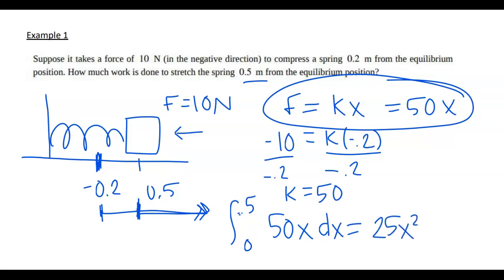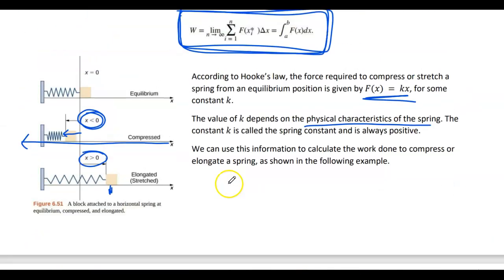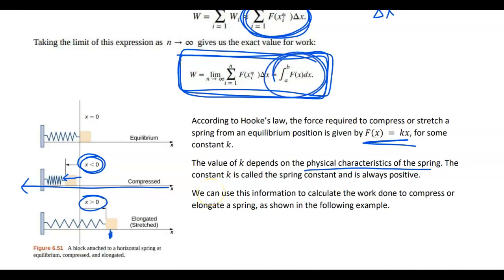That's 25x squared from 0 to 0.5. And when I plug in 0.5, you could use a calculator for this, I get 6.25. And since we're in newtons and meters, remember that's going to have a unit of joules. This equation right here comes from my work equation right here.